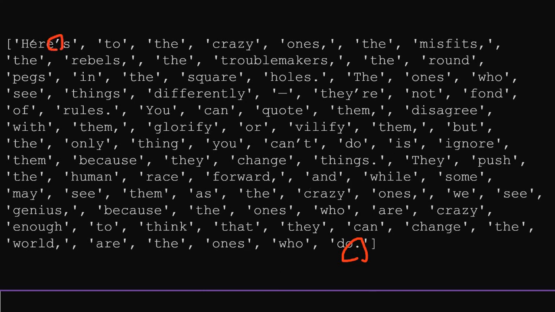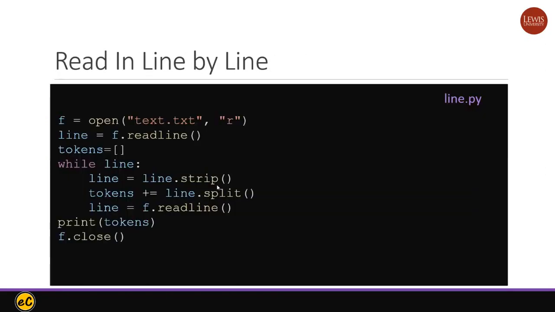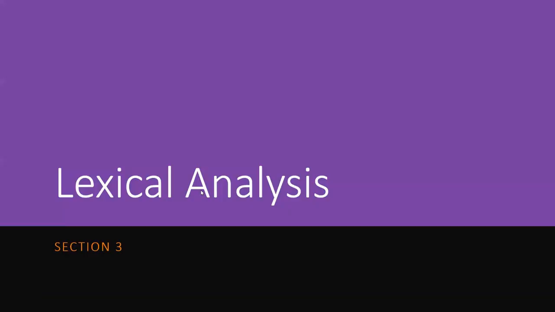Also this one. This one is correct. Here is okay, but this is actually not dealt with. So split has some limitations, especially for natural language processing. And then you can do it line by line.